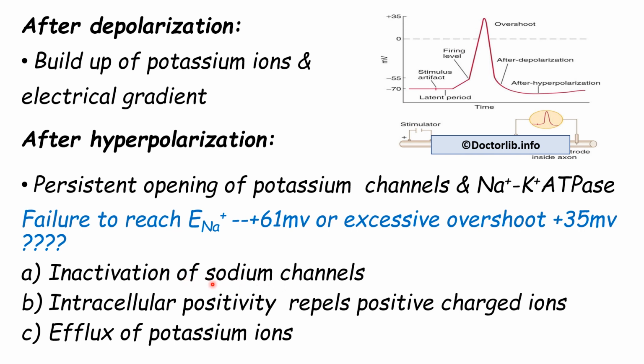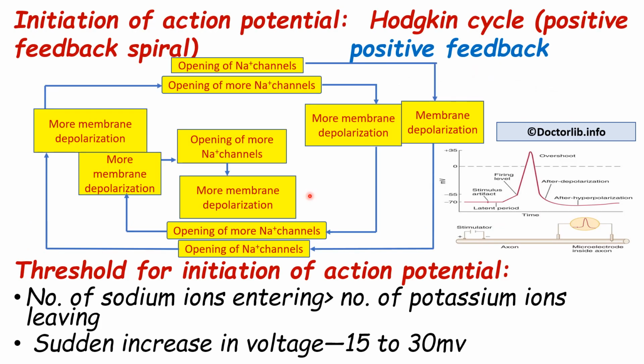The inactivation gates have closed. Also the intracellular positivity repels positively charged ions, so more sodium ions are repelled from entering. And thirdly, there is efflux of positively charged potassium ions.